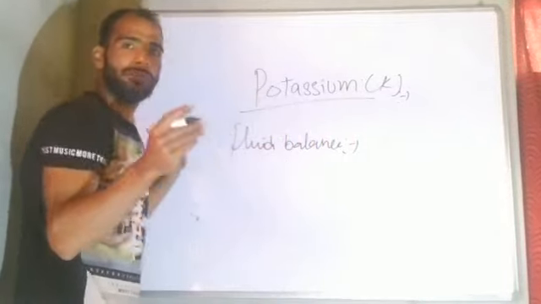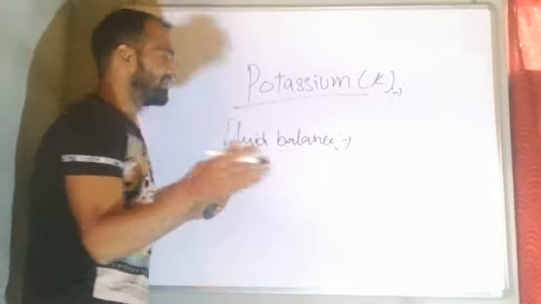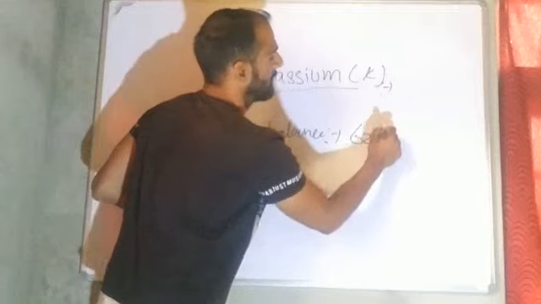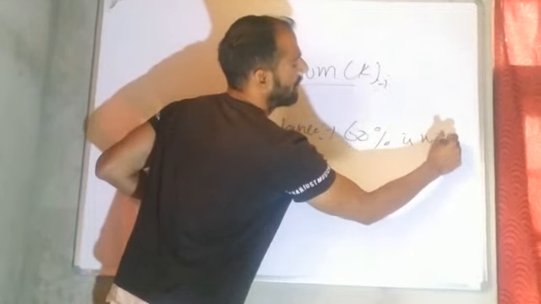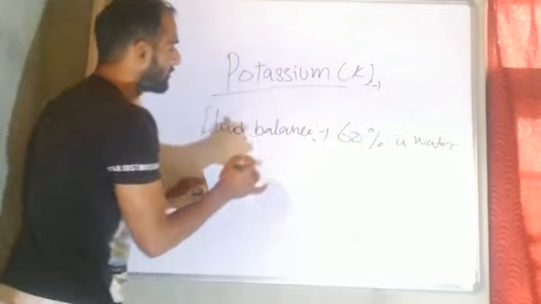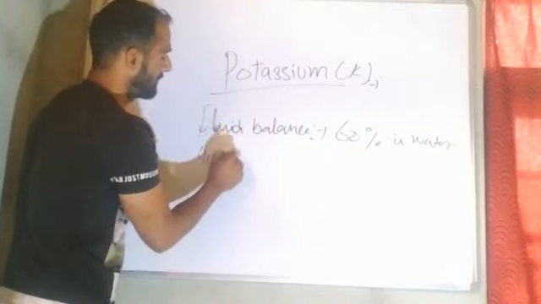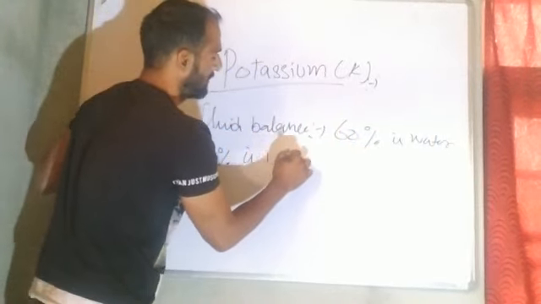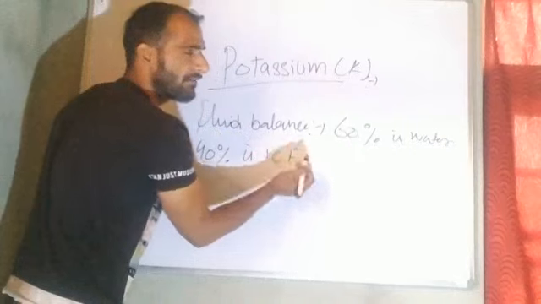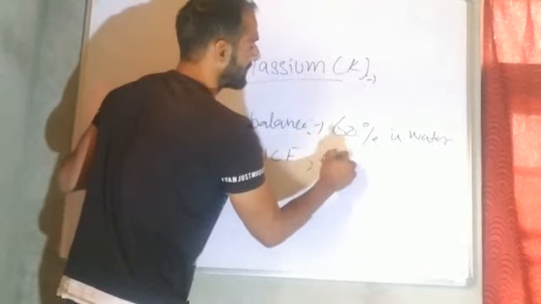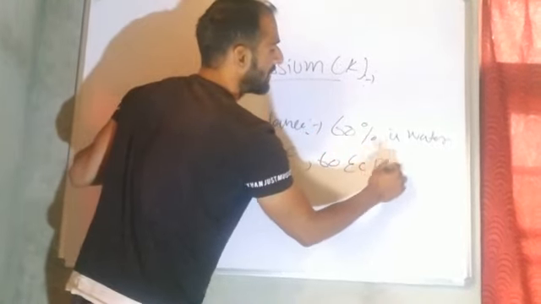As we know, in our body 60% of our body is water. Okay, out of that 40% is intracellular fluid and the remaining 60% will be extracellular fluid.